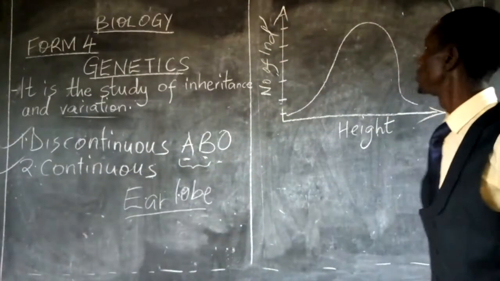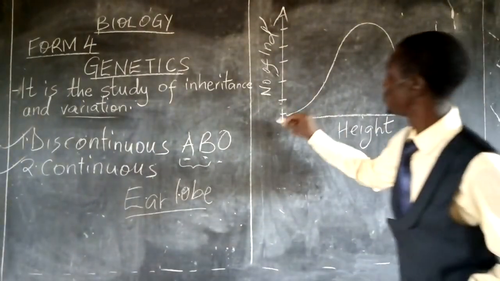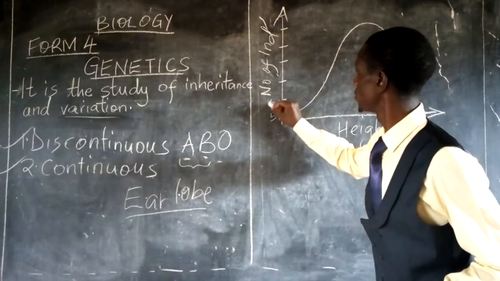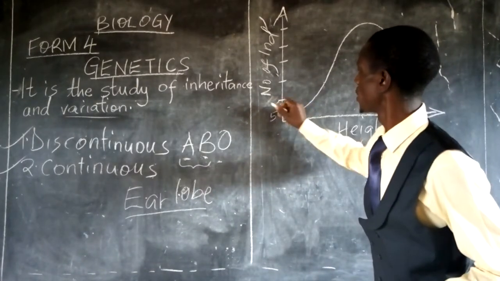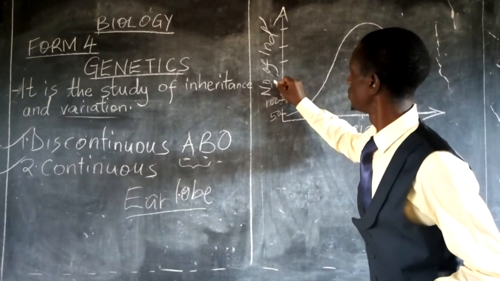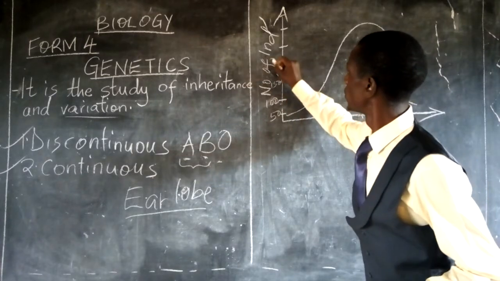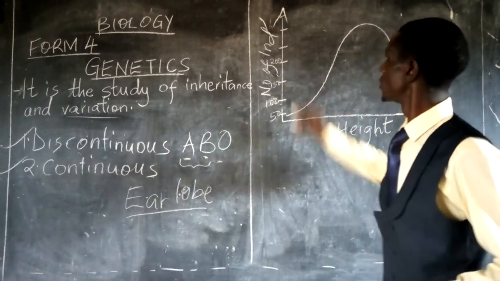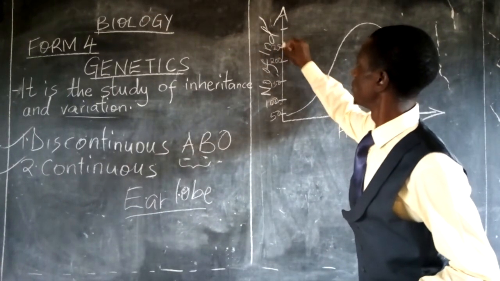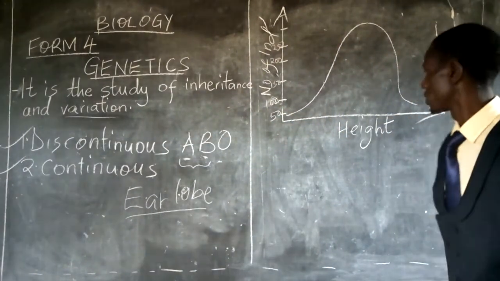I'm talking about it in differences of 50 individuals. So 1 centimeter represents 50 individuals. 250, that one definitely is 300.